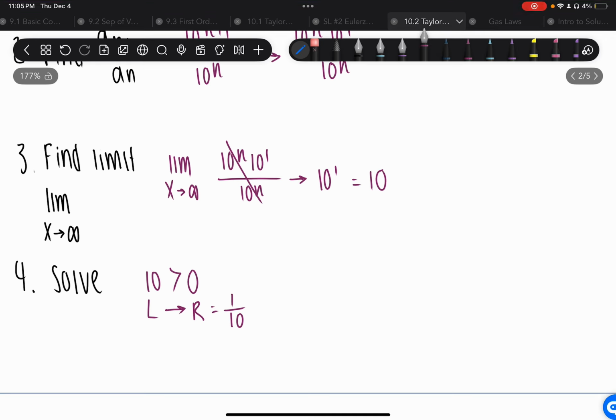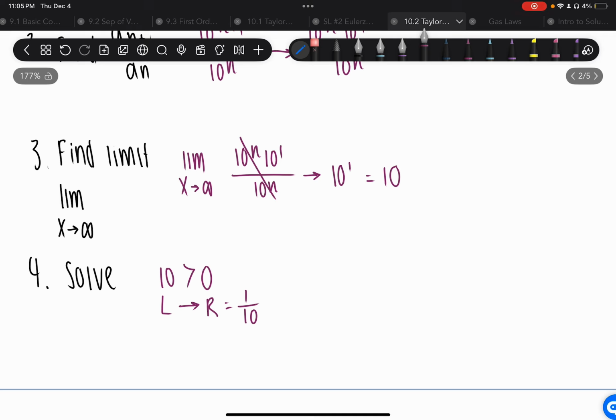And now we are going to determine if it's going to converge or diverge based on my results. Because I did not get infinity, it's going to converge, but we need to find the intervals for that, which is why L and R right here is so important. So our answer from our limit is 10, that's our L, and then it's just 1 over that number for our R.